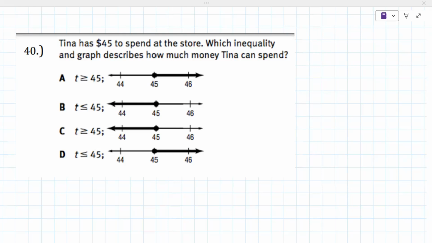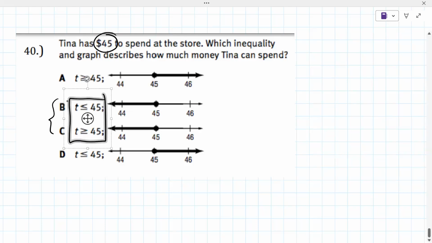So if you have $45 to spend, B and C are really similar, right? Yeah. But what's the difference between them? The sign. Yeah, so which one says at most? Wait, it's actually B. I'm looking at that a different way. Okay, very good.